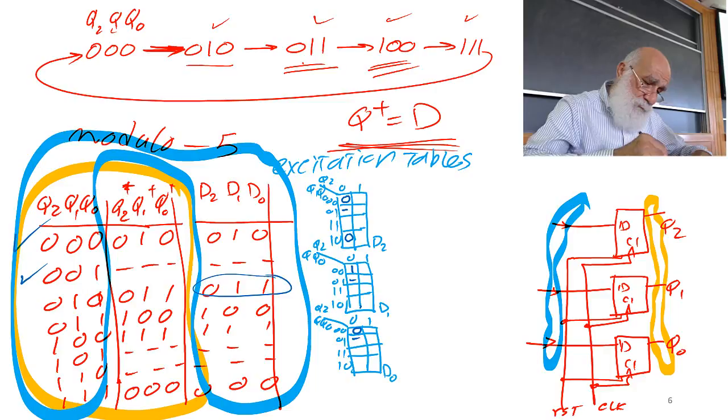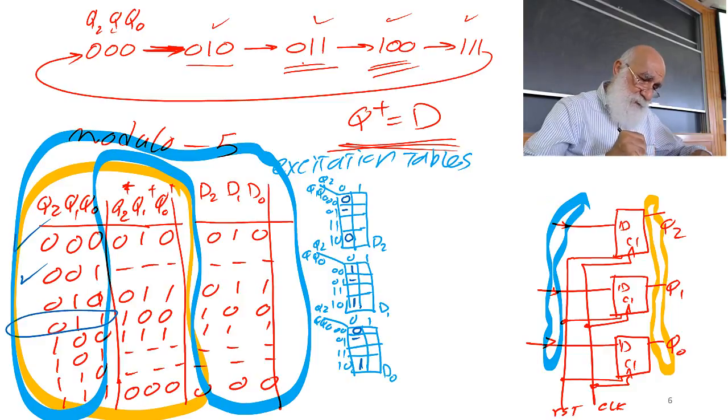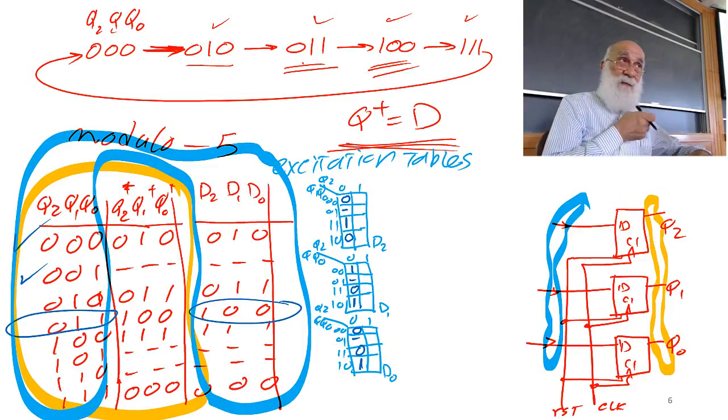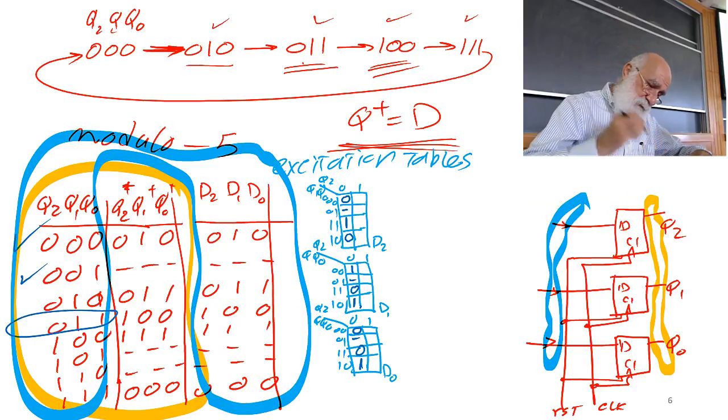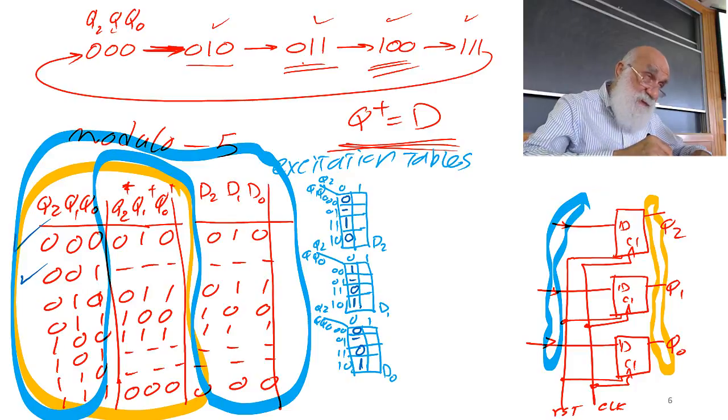Let's do the next one. 0, 1, 1. This spot over here is 1, 0, 0. 1, 0, 0 is 1, 1, 1.